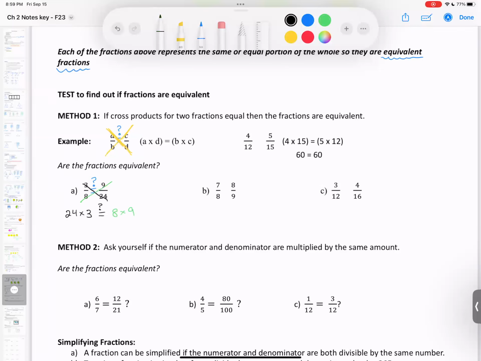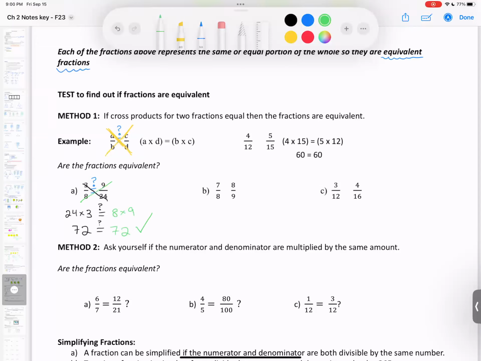Go ahead and get out your calculator here. So we have 24 times 3, and that gives me 72. We want to know, does that equal 8 times 9? Well, 8 times 9 is also 72. So yes, these 2 are equivalent.